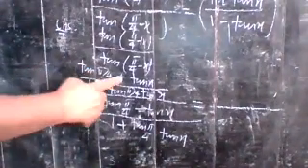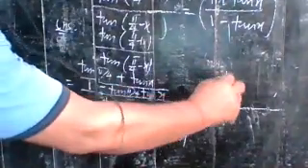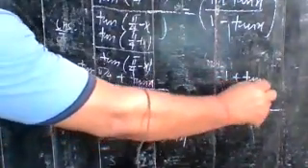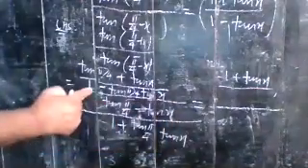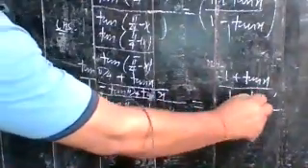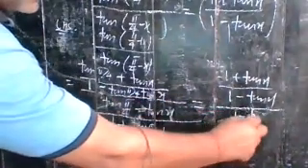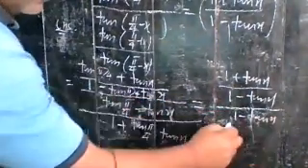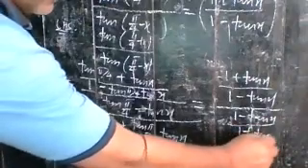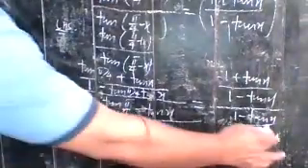So here you have 1 plus tan x upon 1 minus tan x in the numerator, and then 1 minus tan x upon 1 plus tan x in the denominator. Okay, now arrange the terms.